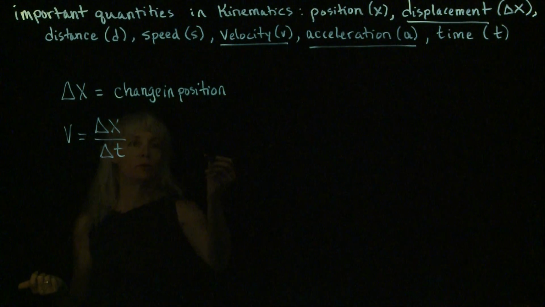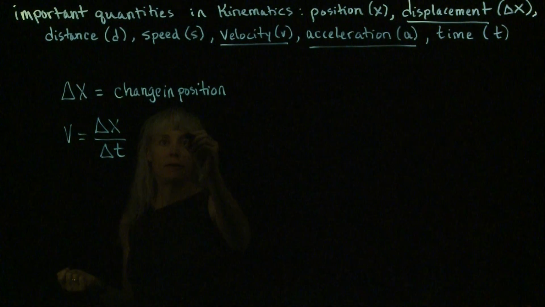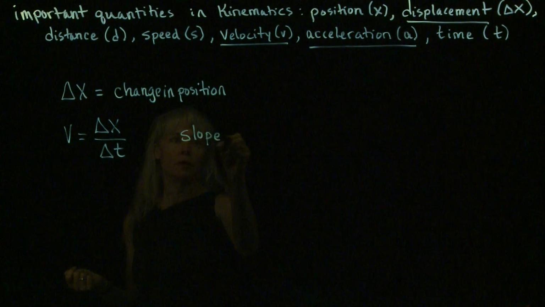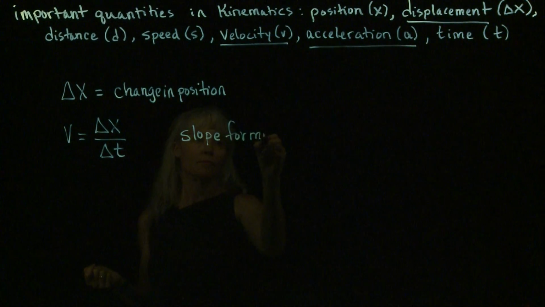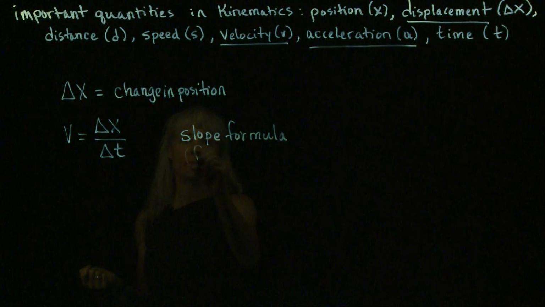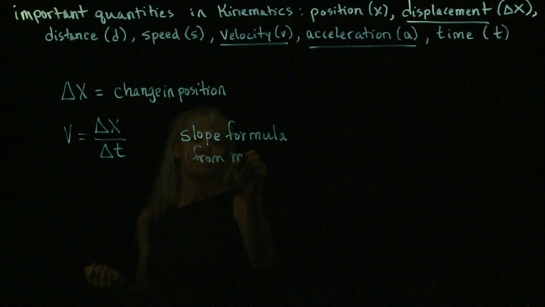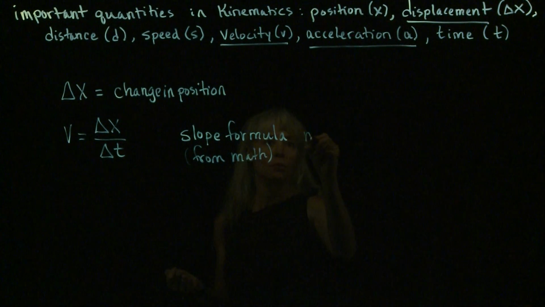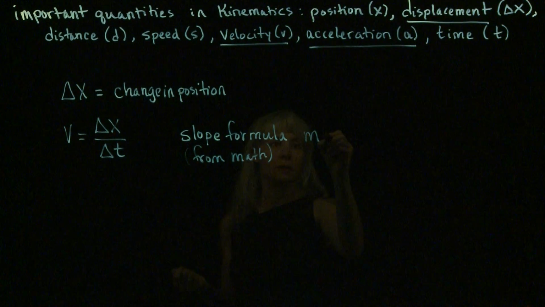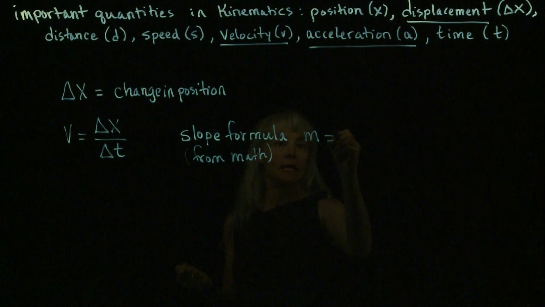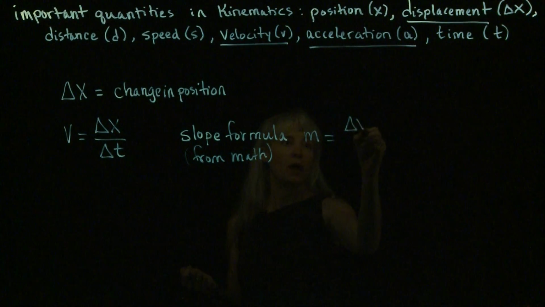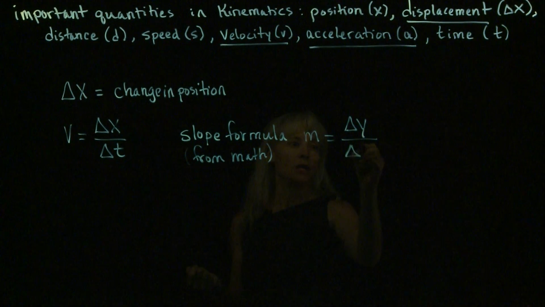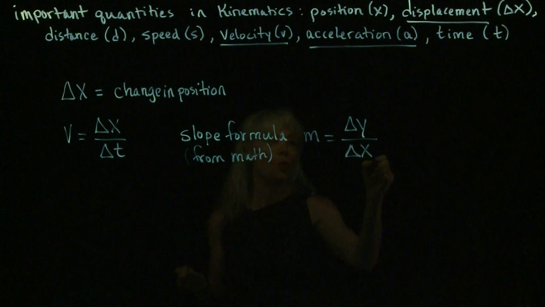Notice that this formula has a kind of familiar relationship with position and time. Recall back from your studies in math that you were introduced to the slope formula. So this is from math. And remember, we used the symbol m when we were studying slopes in mathematics. And the slope was equal to the rise, the change in the vertical coordinate, divided by the run, the change in the horizontal coordinate.